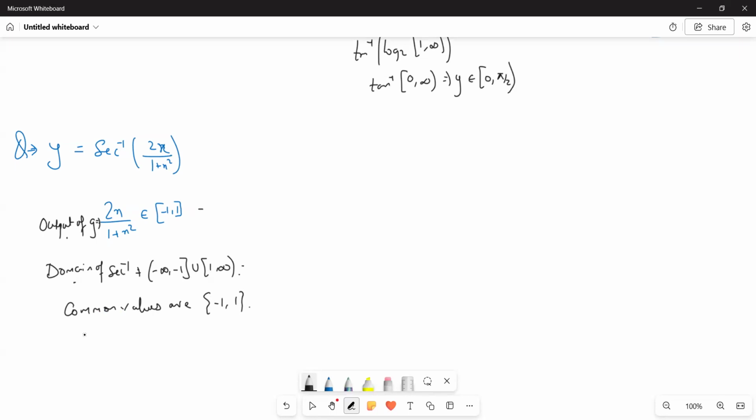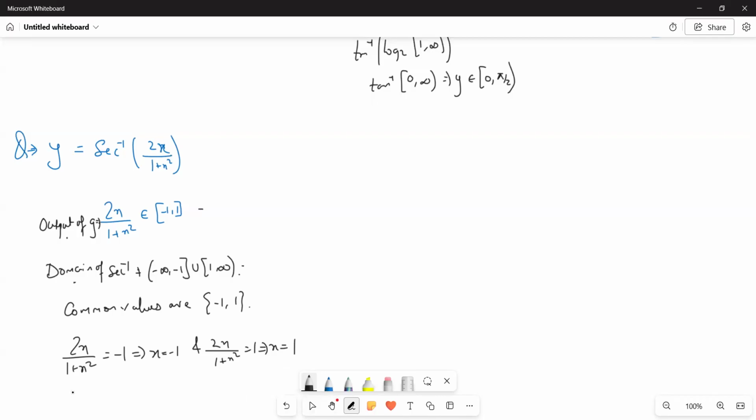Okay. So now when will 2x by 1 plus x square become -1? When x is -1. 2x by 1 plus x square equal to -1 implies x is -1. And same way, 2x by 1 plus x square equal to 1 would imply x is equal to 1.